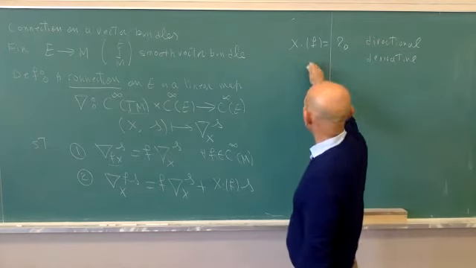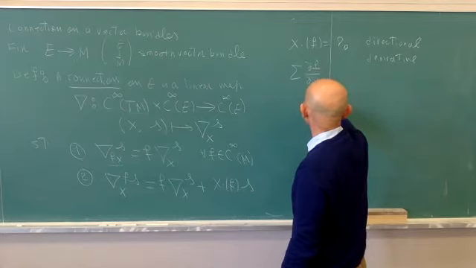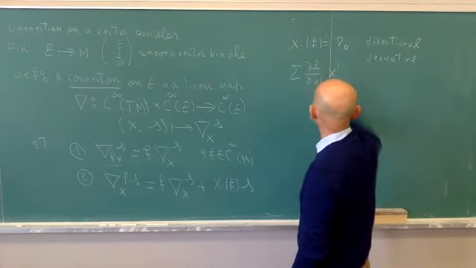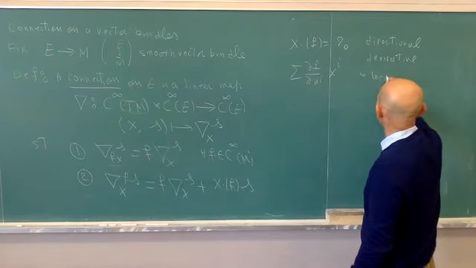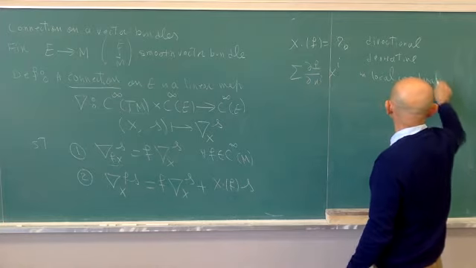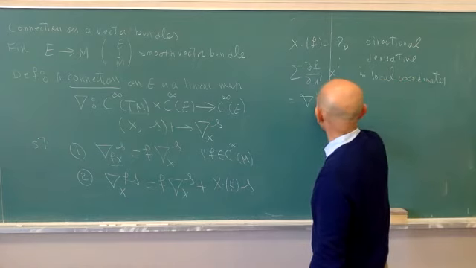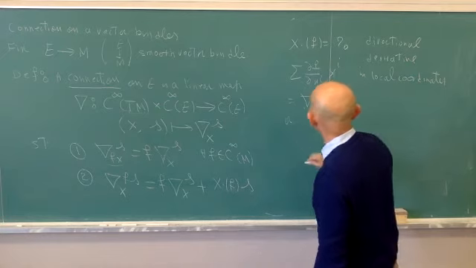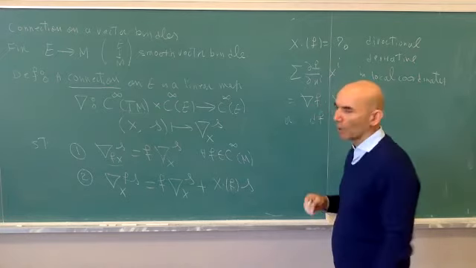I mean, this is like sum df dxi xi in local coordinates. So this is the idea of this is gradient of f times x, or basically df in the modern notation.